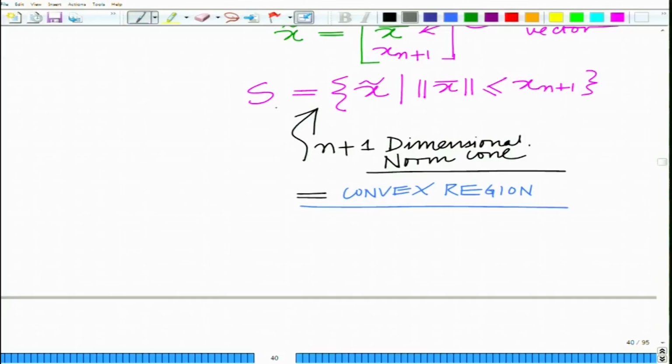We will explore problems that are known as SOCP, or second order cone programs, and these have significant application and utility.